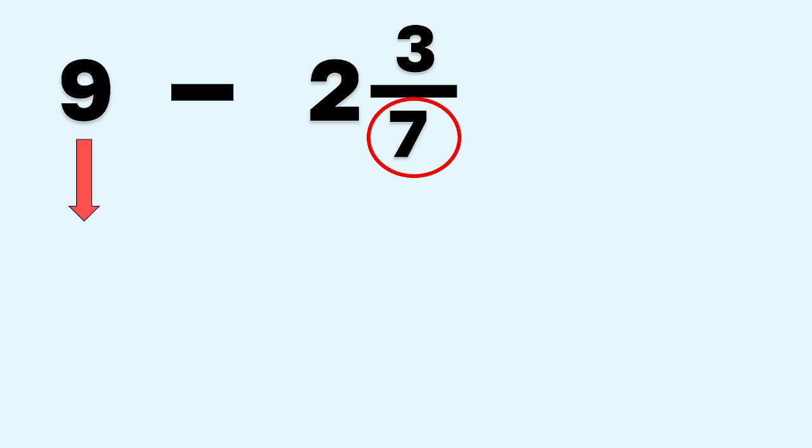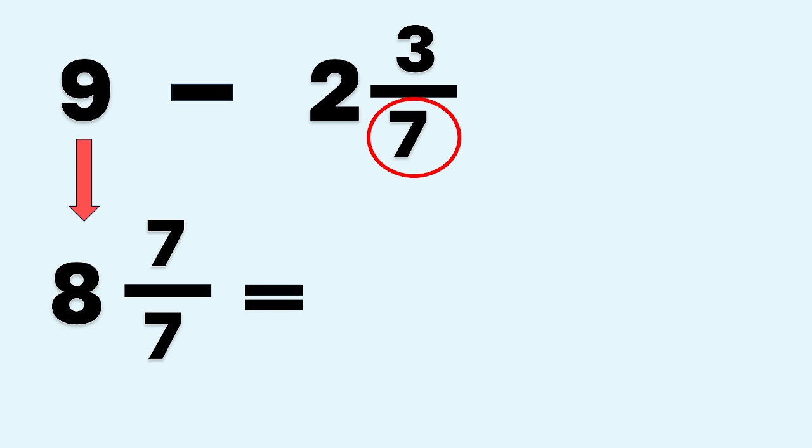Now, a fraction equals one whole when the numerator is the same as the denominator. In 3/7, we have a denominator of 7. So let us use 8 and 7/7 because the denominator is 7. Now, it gives us a common denominator, so 8 and 7/7 equals 9.